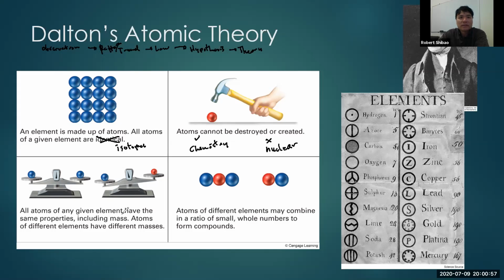All atoms of any given element have the same properties, including mass. This is wrong because of isotopes. They have the same chemical properties, but slightly different physical properties because some weigh more than others.